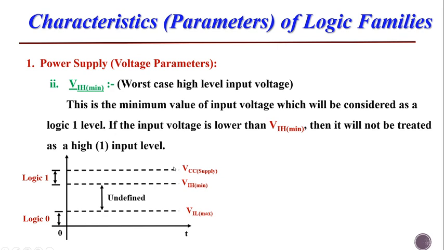Here is the range for high input voltage, that is from VIH min to VCC, that is plus 5 volt. If the input voltage falls into this range, then it will be treated as a logic high, and if it is lower than this VIH min, then it is undefined, or it will not be treated as a logic 1 input voltage.